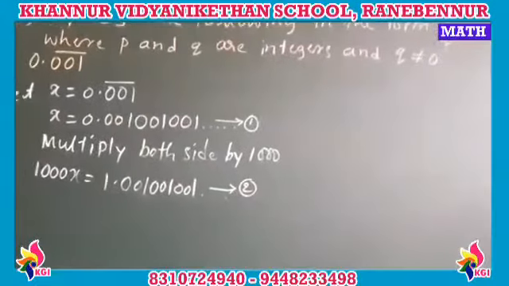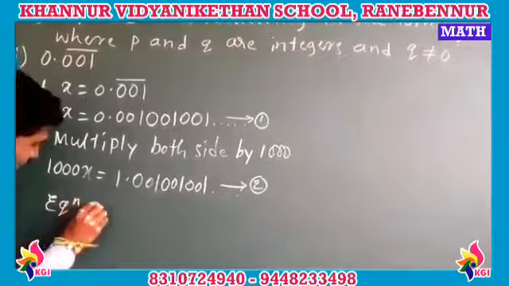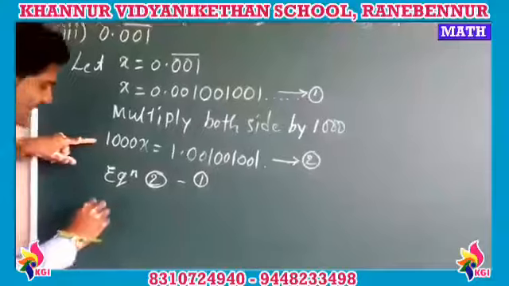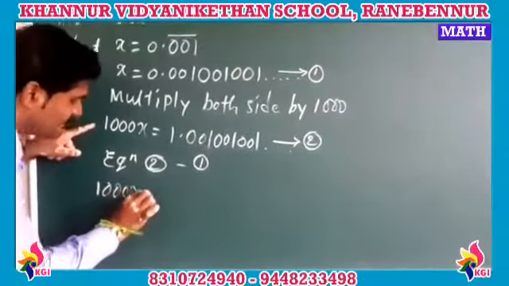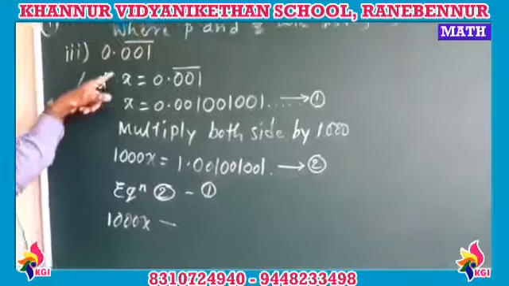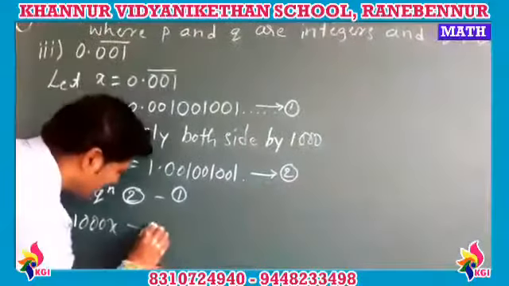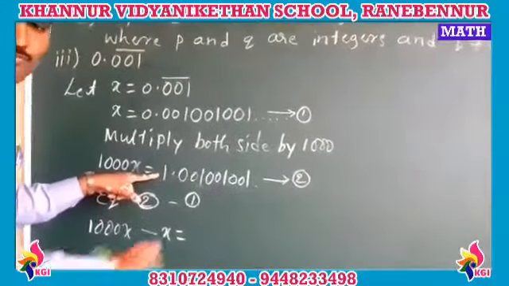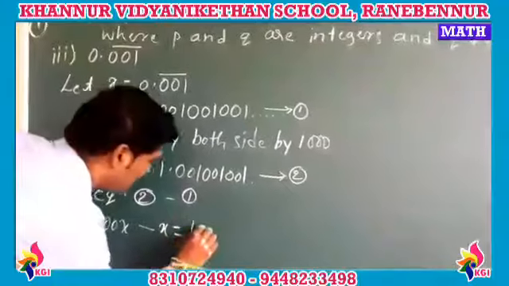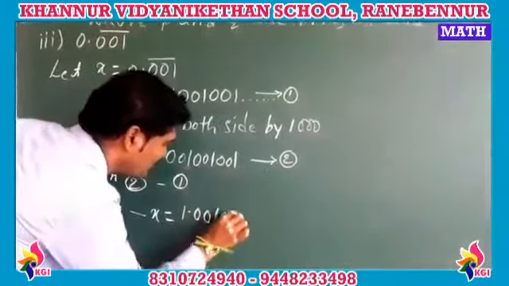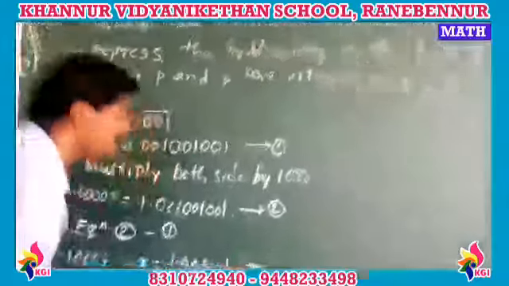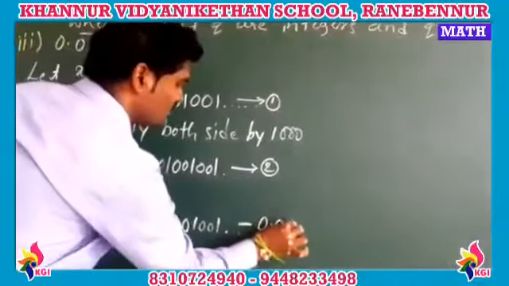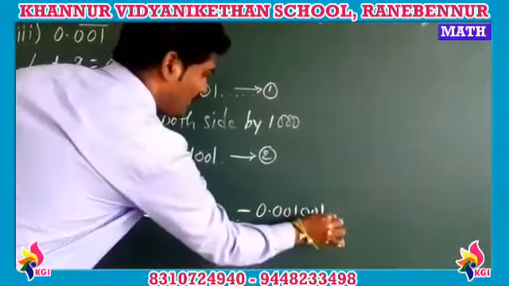So the next, what do we have to do? Equation 2 minus 1. What is equation number 2? It is at the left hand side 1000x minus how much? What is equation number 1? x. Is equal to, what is there here? 1.001001 and so on, minus 0.001001 and so on.